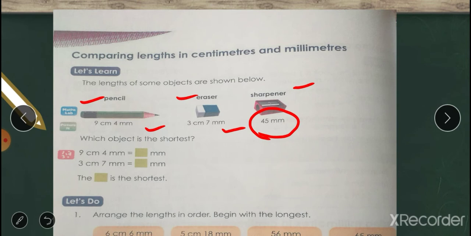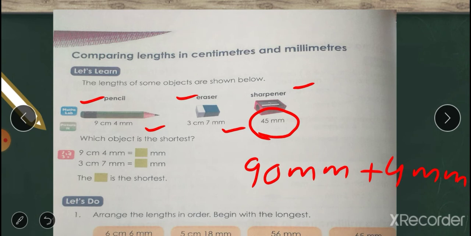So 9 centimeters equals 90 millimeters, and 4 millimeters is the same, so 90 millimeters plus 4 millimeters equals 94 millimeters.